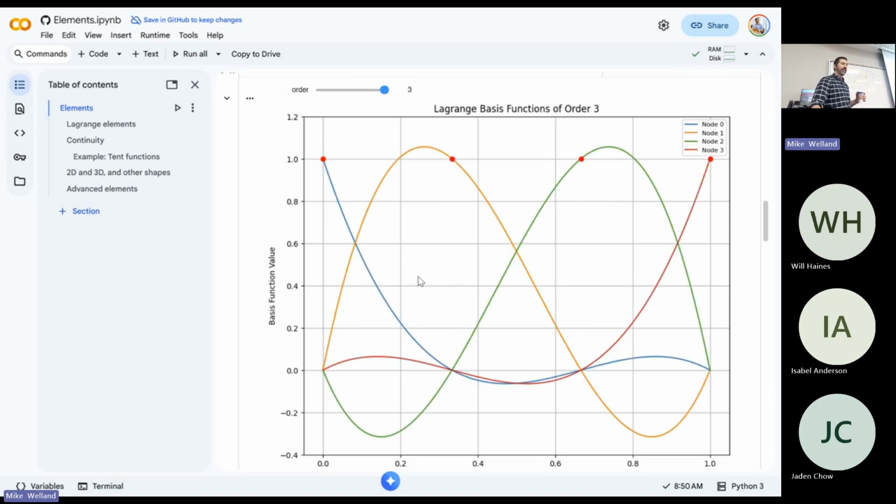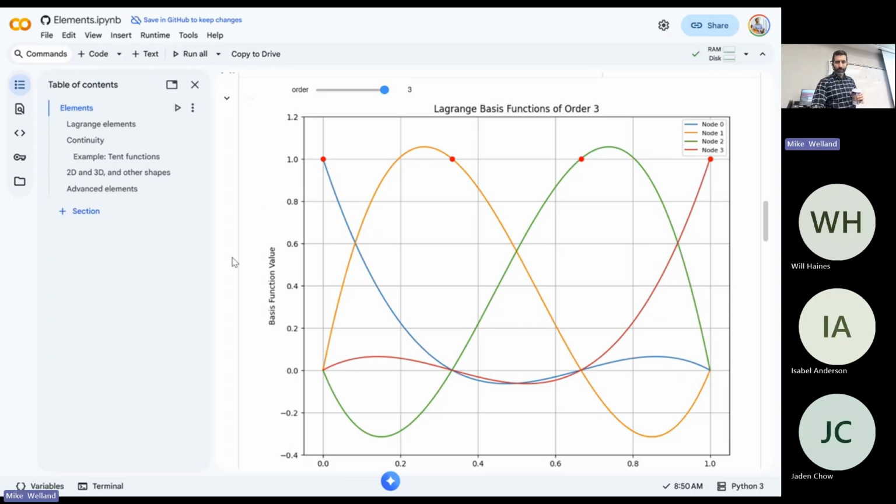You can go up to 3, right? Now you've got cubics, but it's still 1, 0, 0, 0, 0, 1, 0, 0. You're still maintaining that property, but now you can go algorithmically up and up and up. You can do it in 2D, 3D, ND. I've never seen an FEM code that goes past 3D, actually.